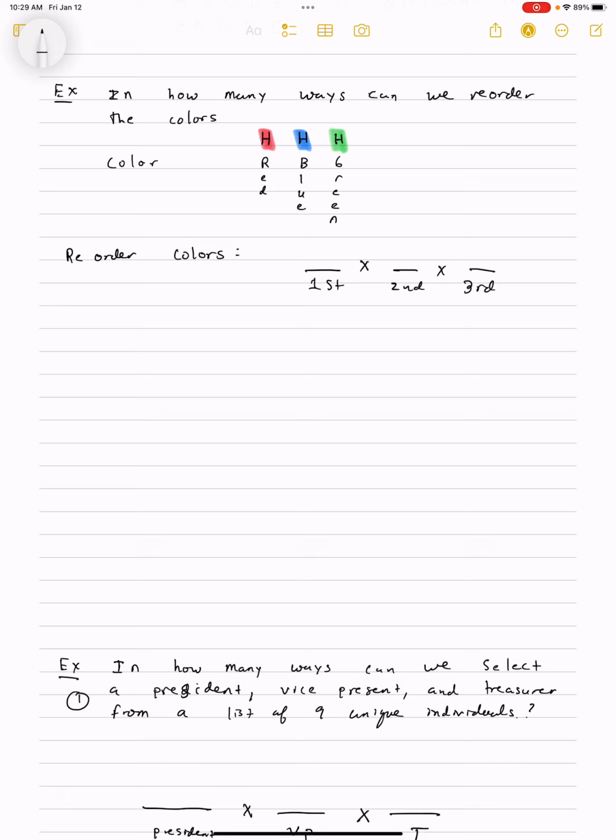So there are 3 colors that are distinct. And we can reorder the colors. For the first color, there are 3 possible ways of reordering it. For the second, there's 2. And for the third, there's 1. So there's 3 factorial ways of reordering these objects.